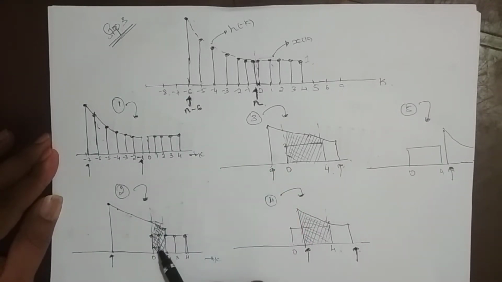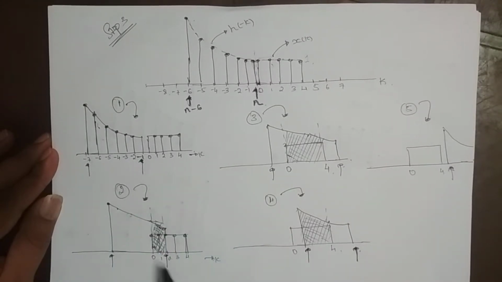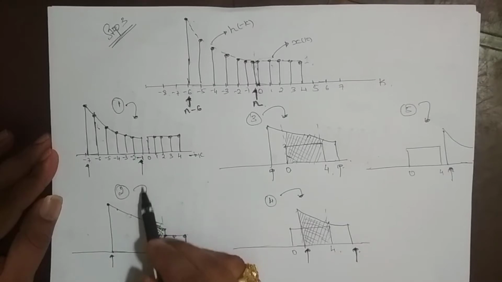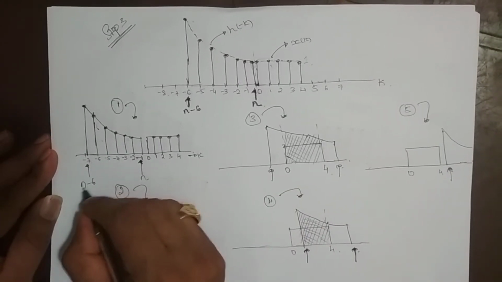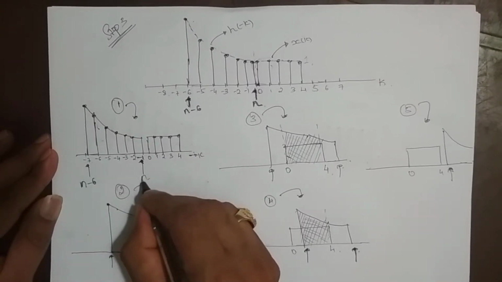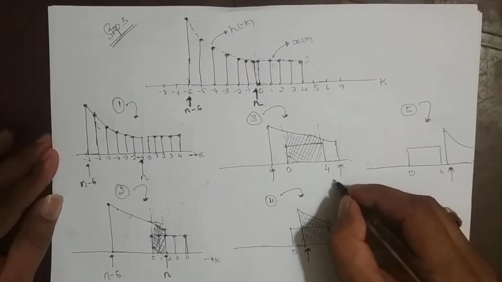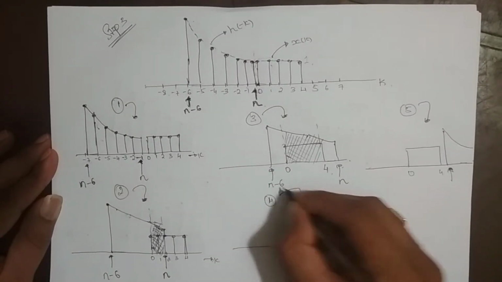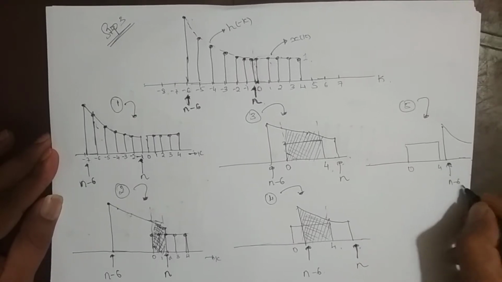Now in the second case I'll move it right further. I kept this slider at n, and this is n minus 6.